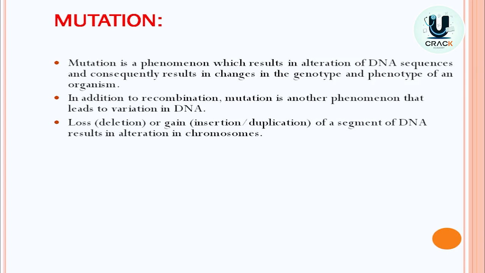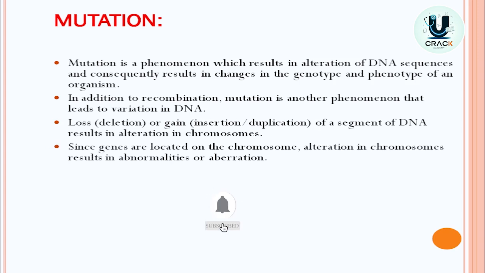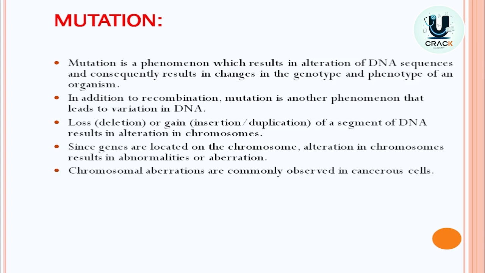Loss, deletion, or gain, insertion, happens through the chromosomes. Since the genes are located only on the chromosomes, alteration in chromosomes results in abnormalities. Chromosomal aberrations are commonly observed in cancerous cells.